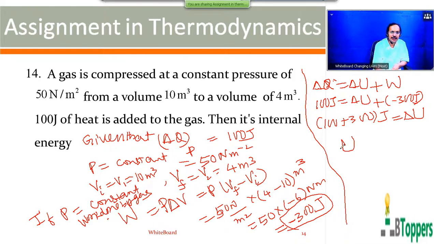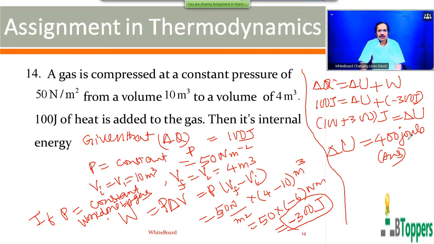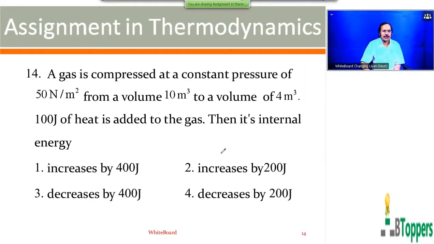So the change in the internal energy, delta U, equals 400 joules. So here delta U is positive. That means the internal energy of the gas increases by 400 joules. So for question number 14, which I have just discussed, the first option will be the answer.